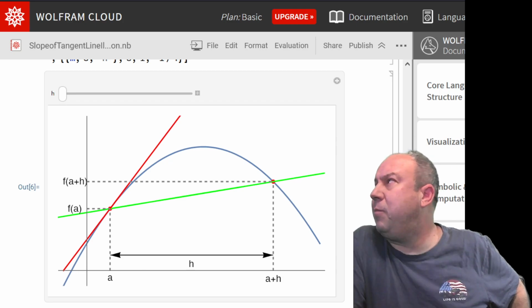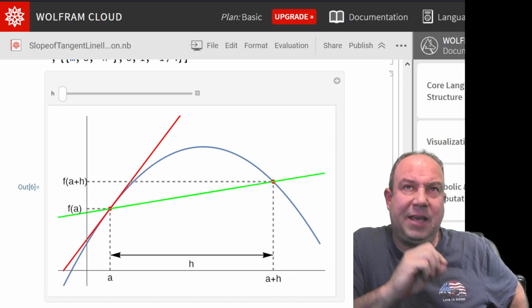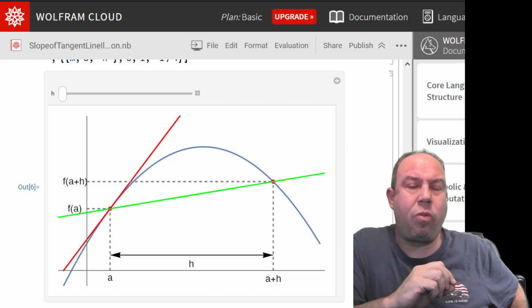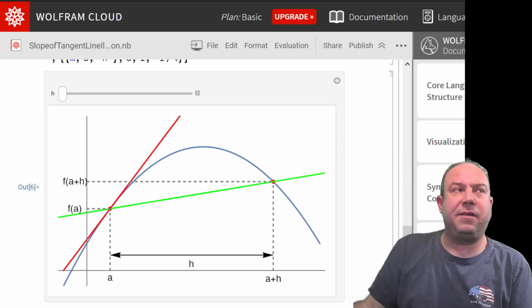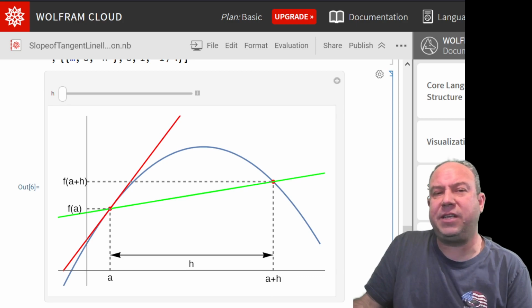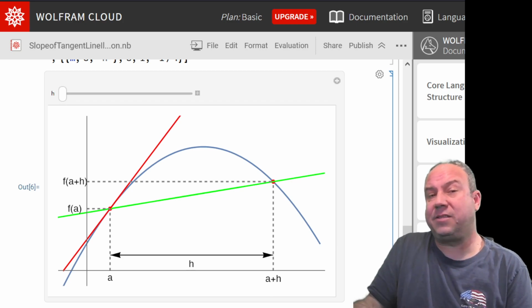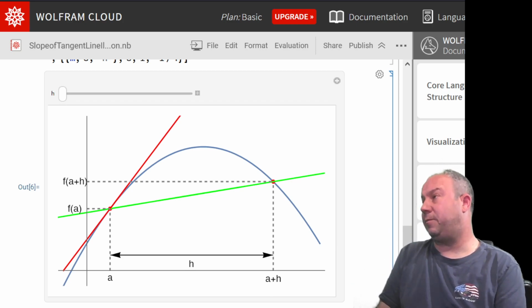But this is a more dynamic illustration to show you what's going on in that calculation. We are looking at the function given by the ratio of this difference with this difference here: the ratio of f of a plus h minus f of a, divided by this value of h.